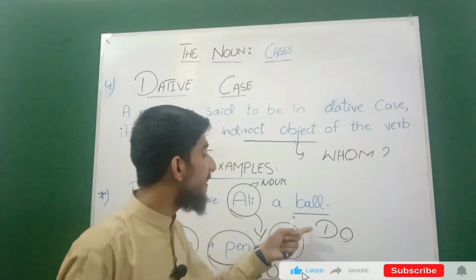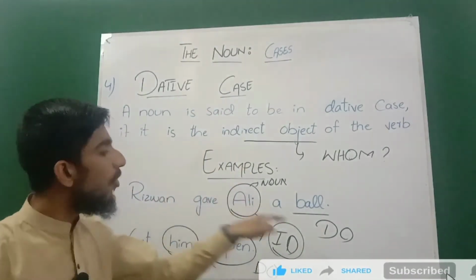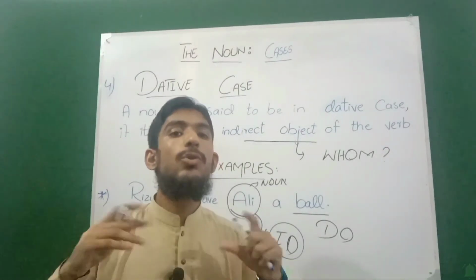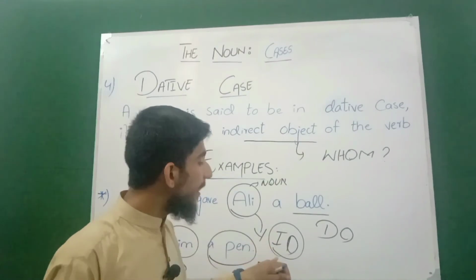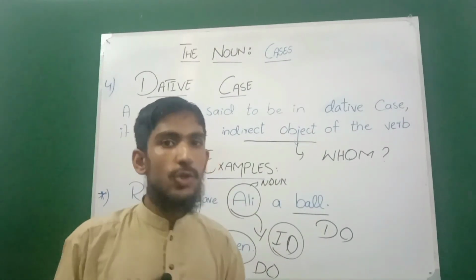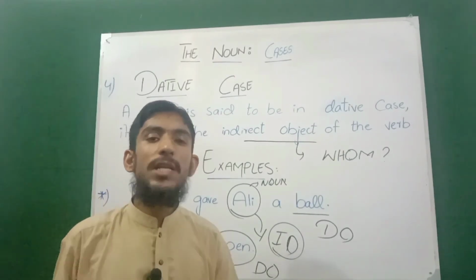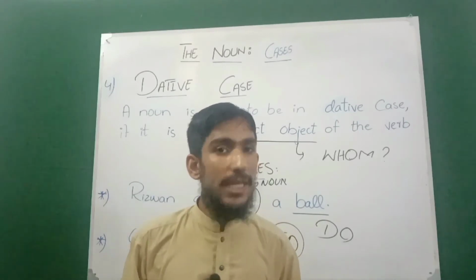Rizwan gave what? The answer is a ball. So ball here is the direct object because it is the receiver of an action, and the ball is given to whom? The answer is Ali. Ali is a noun and is the indirect object. So in this sentence, Ali is in the dative case. So we have learned what the dative case is: a noun is said to be in the dative case if it is the indirect object of the verb.